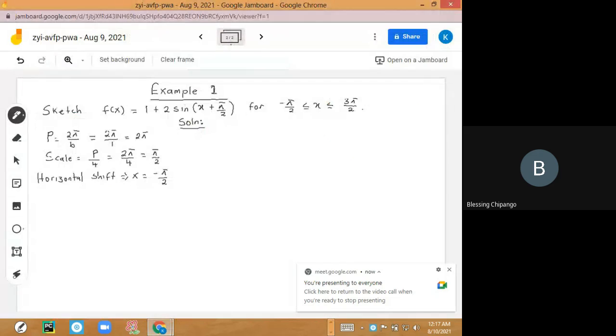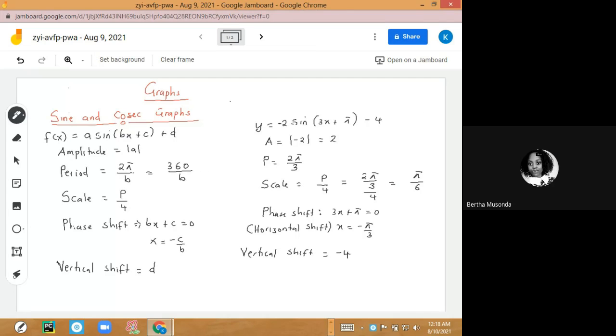How do you find the P? So you divide 360 by B of the question given. So the period has got a formula.